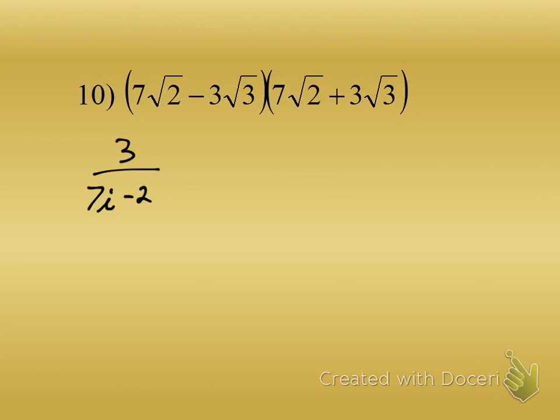Anybody remember? Stay with me, kids. Multiply by the denominator. Not the denominator, but what? This is going to be 7i minus 2. To get rid of that, you multiply by 7i plus 2. Good.